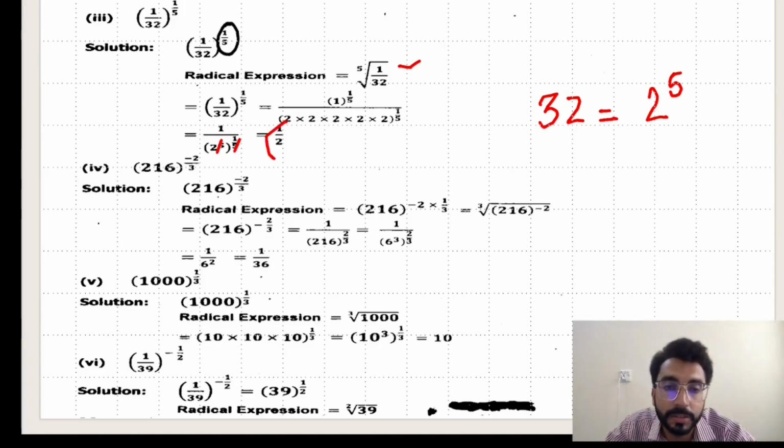Let's look at part number 4. What's the difference given here? You just need to focus that minus 2 by 3 is given. Basically the exponent, now so far we have solved the questions with positive exponents. Now in part number 4 the negative exponent is given. So what we will do, let's look at the radical sign. We write it just like this. So 216 power negative 2, it becomes cube root of 3.